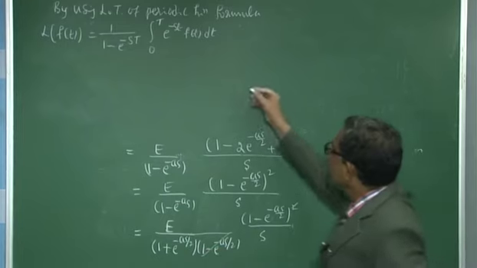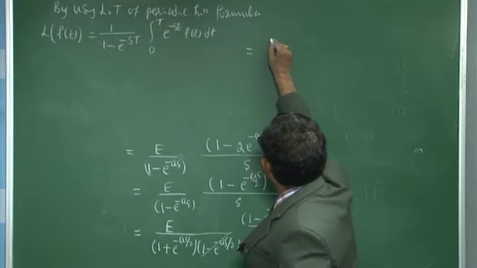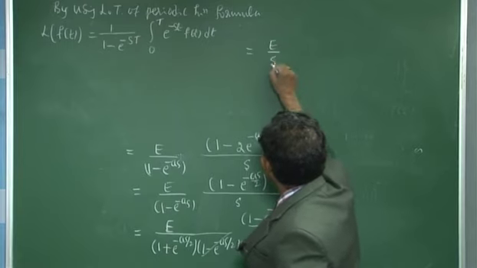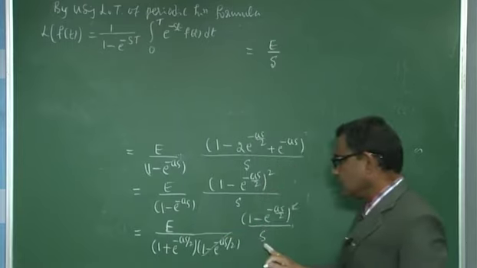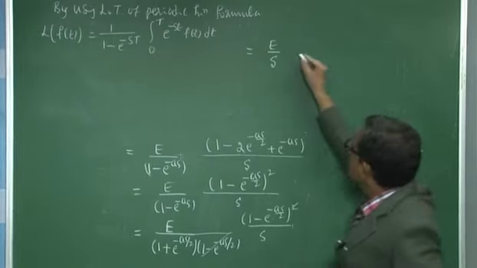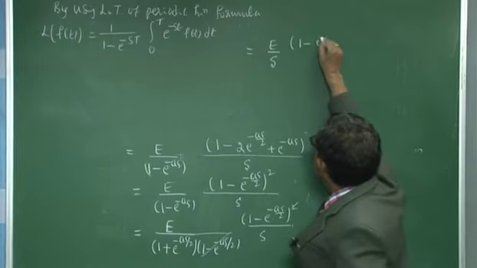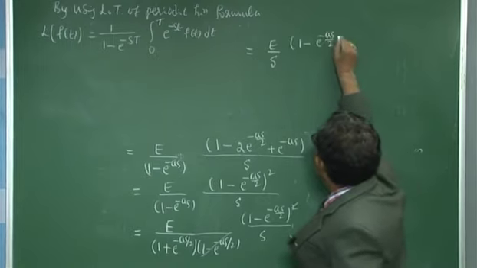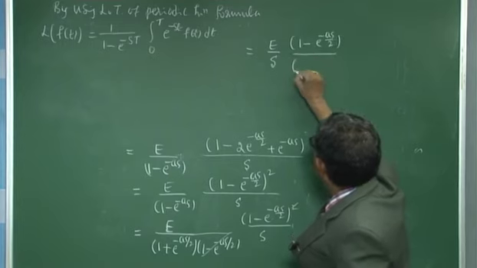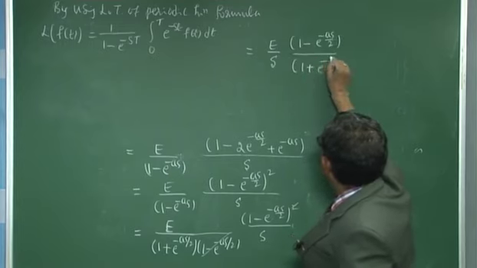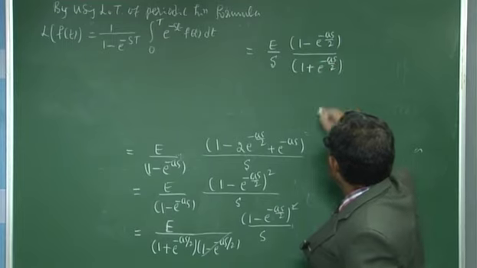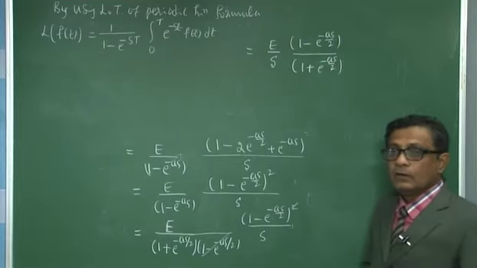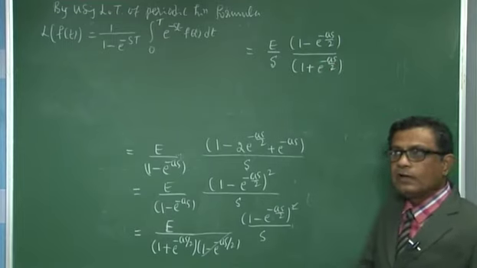Now if you simplify still further, it is e by s, denominator s. Now it is 1 minus e raised to minus as by 2, denominator 1 plus e raised to minus as by 2. Now this is not your required result.